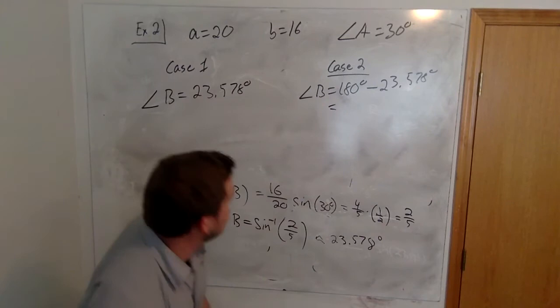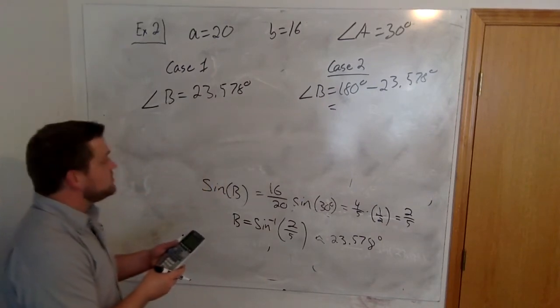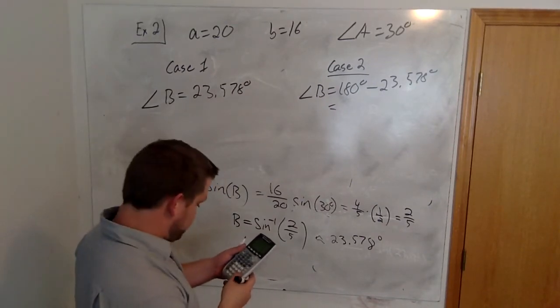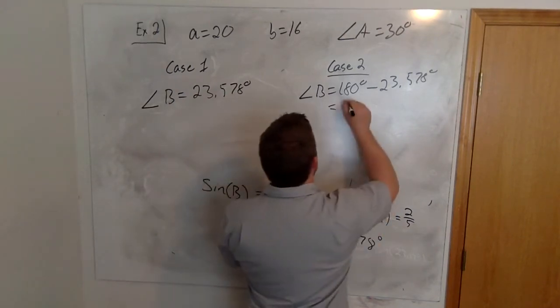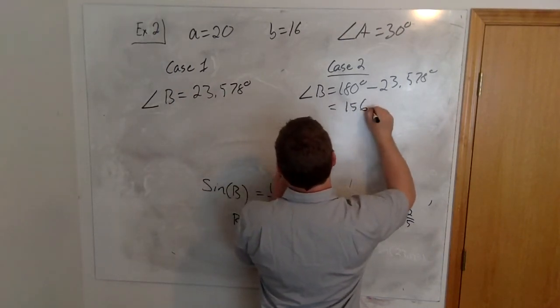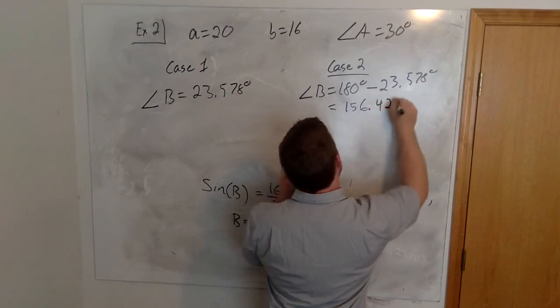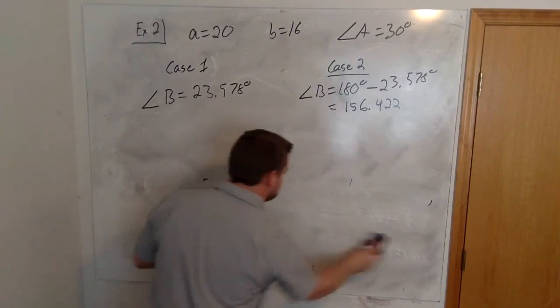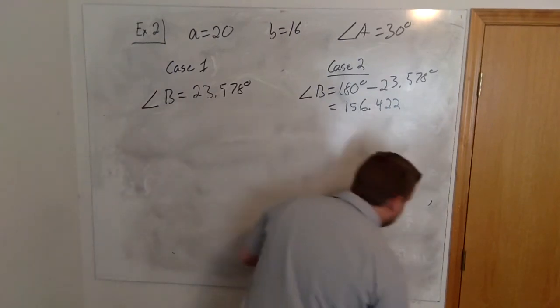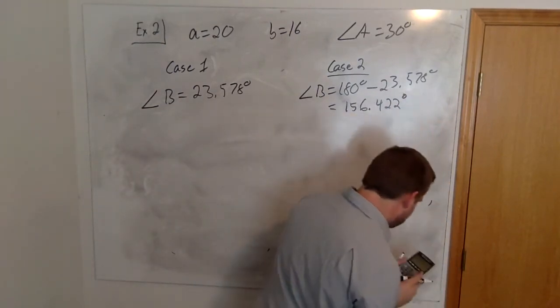So what are we going to get here? 180 minus 23.578 gives 156.422 degrees. Okay.